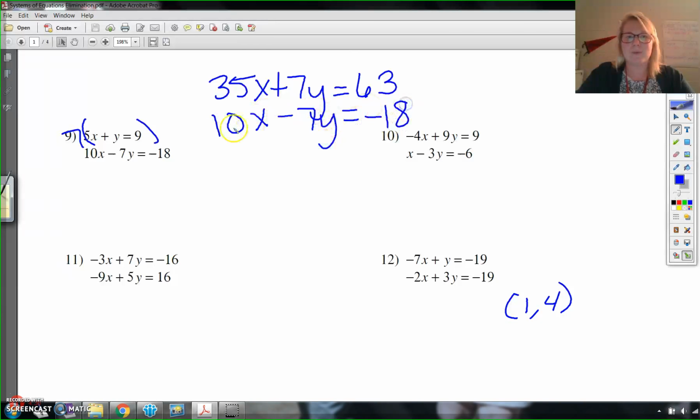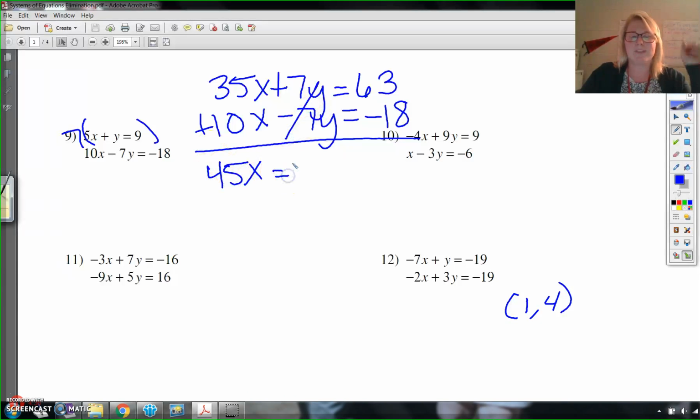And then I'm going to add. 35x plus 10x is 45x. My y's cancel, and I'm left with 63 minus 18, which is, please correct me if I'm wrong, 45.